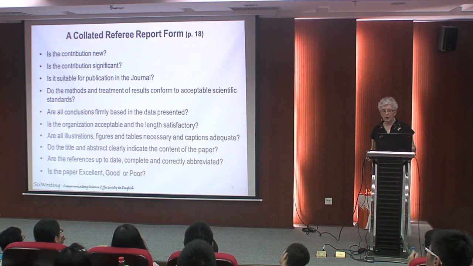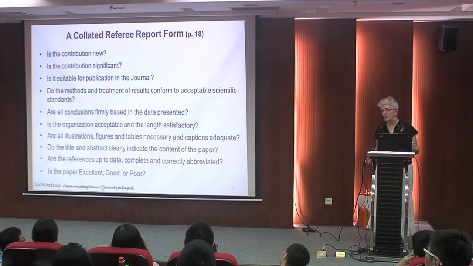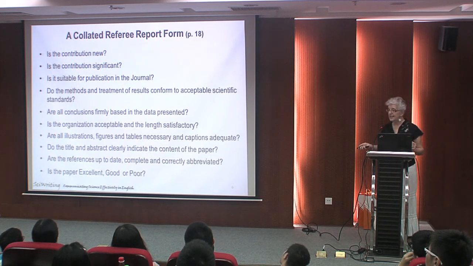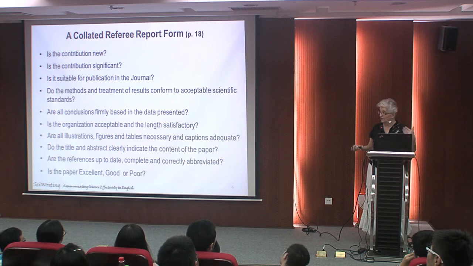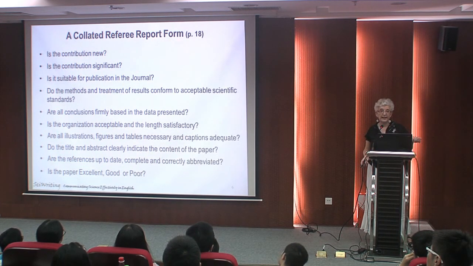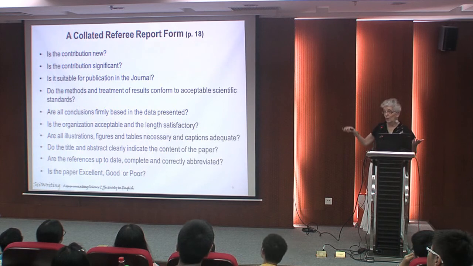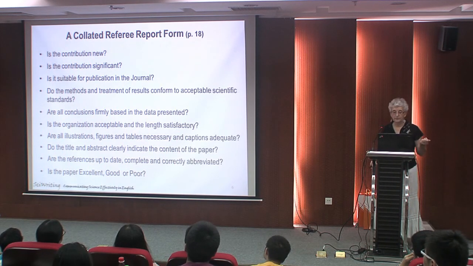We have in the book a collated referee report form. These questions have been gathered from many different journals and put together. These questions are very similar from journal to journal. And so we have made a combined list here to make it easy for people across many fields of science to see what reviewers are looking for.